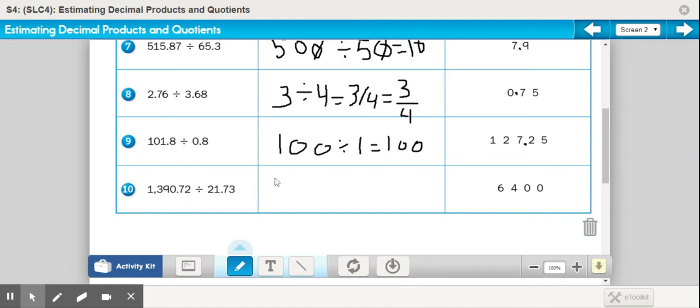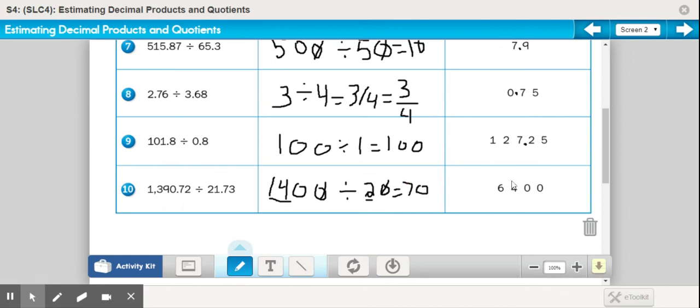This one's tricky. Basic fact. 1 0 in my divisor cancels out 1 0 in my dividend.